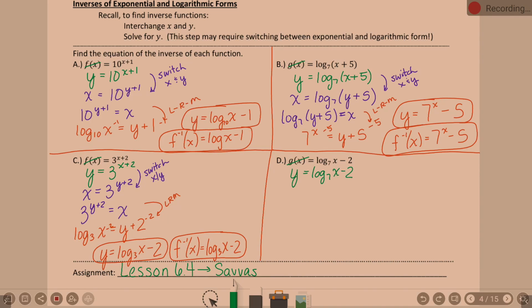So y equals log base 7 of x minus 2. In order to find the inverse, we switch our x and y. So y becomes x, and x becomes y. That was switching x and y.